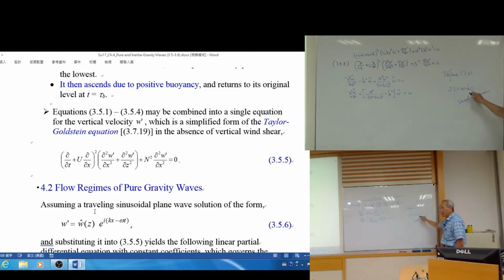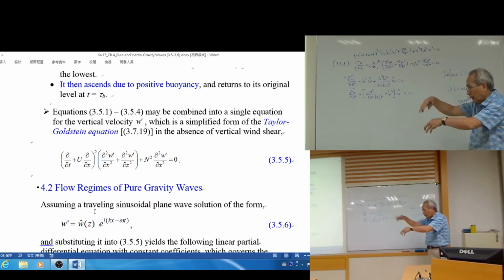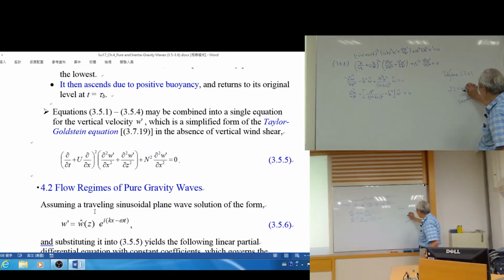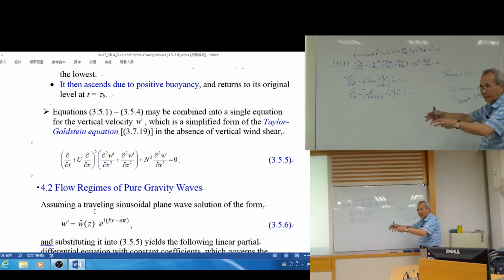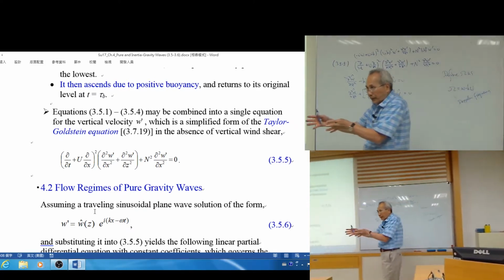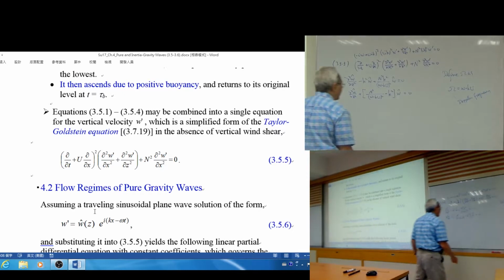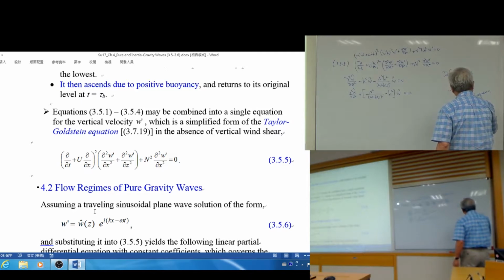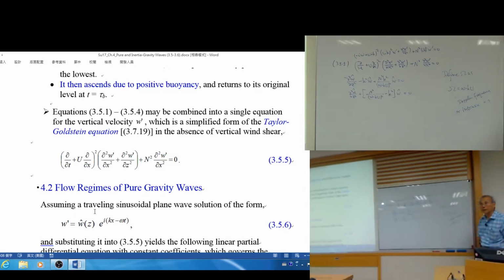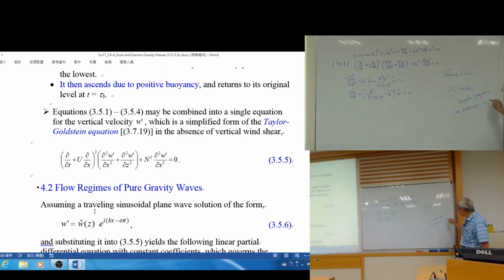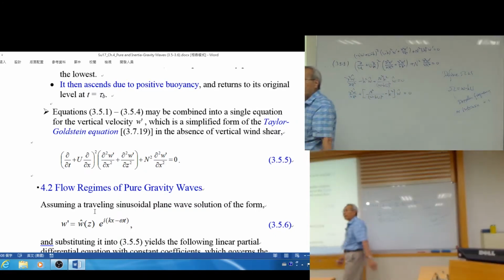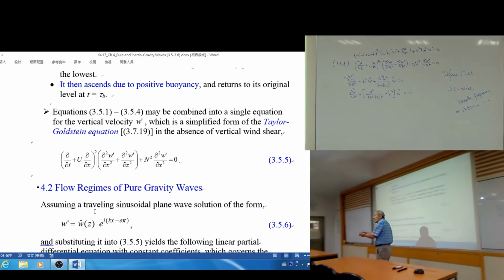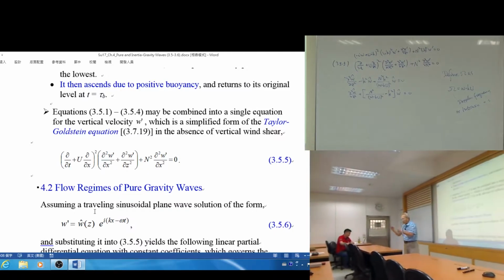If there is no basic flow, this is simply omega. If there's a basic flow, you just follow it. That's called Doppler, or sometimes we call it the intrinsic frequency. So when you hear people say intrinsic frequency, that's the Doppler frequency. You don't count advection. You just go with the basic wind and then see the oscillation.